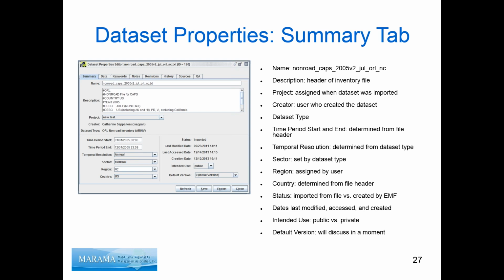That list is a pull-down menu. It can be modified, but it needs to be modified in the EMF database itself by a system administrator. So if you decide on a set of uses that make sense, then that could be updated, and then you'd be able to tag different data sets with their intended use.